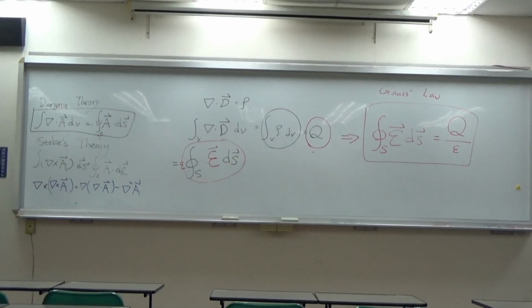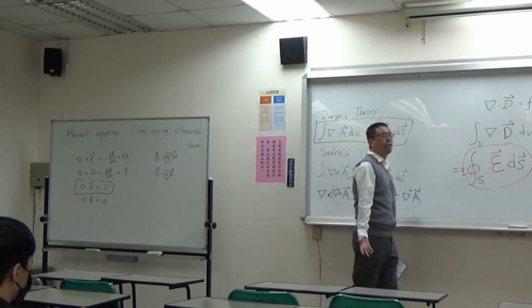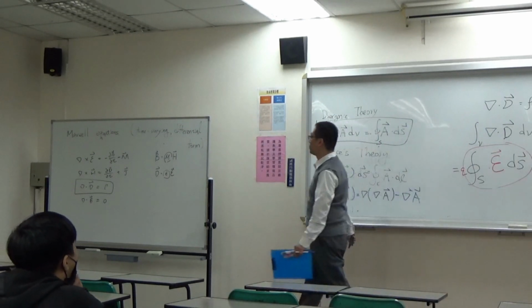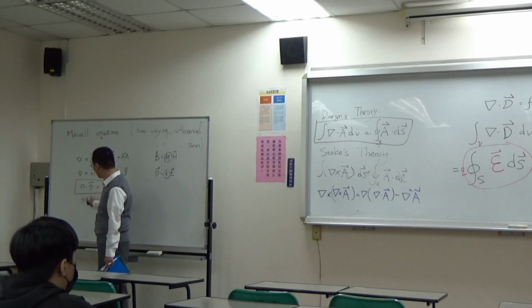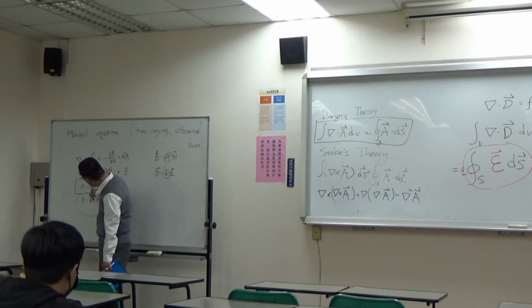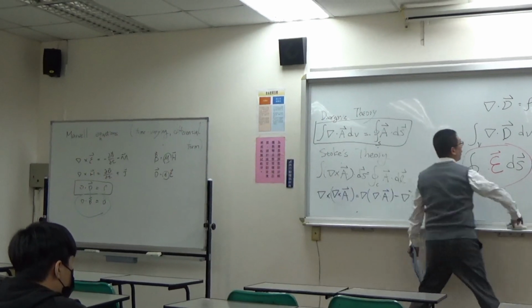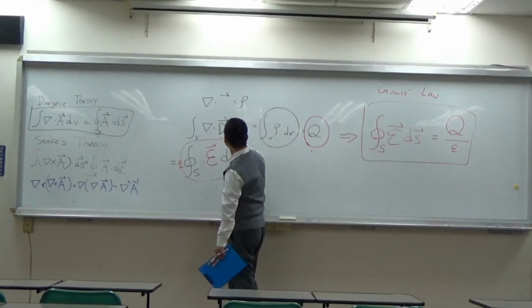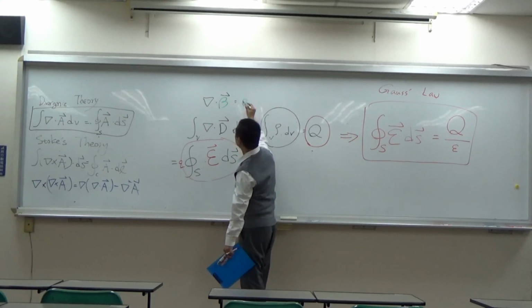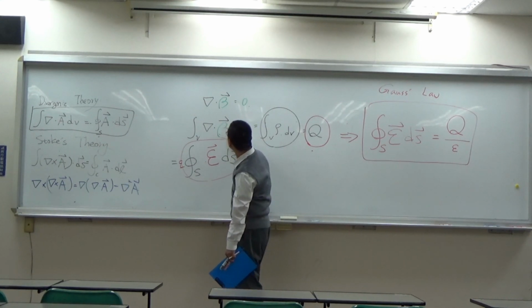How about this one? This is another Gauss's law, the Gauss's law for a magnetic field. If you change your D to B, and rho to 0, D becomes B, rho becomes 0.